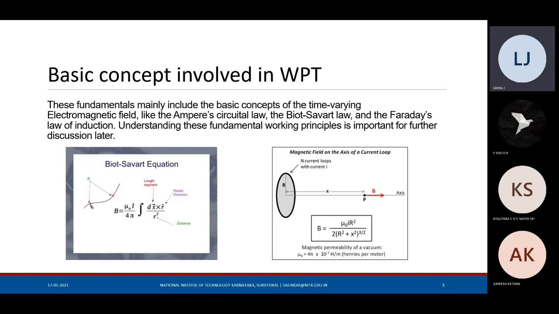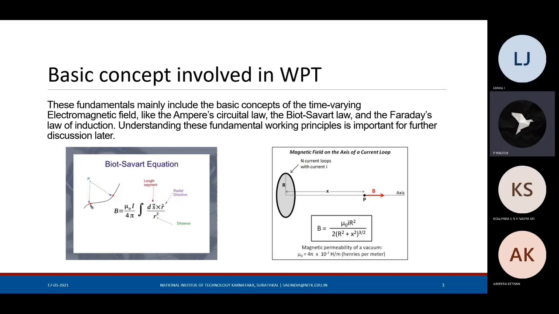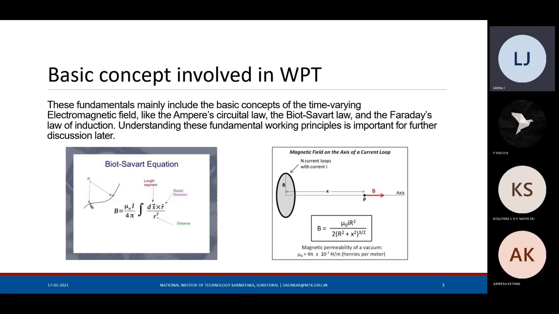As you can see, in the Biot-Savart's law equation, B is equal to mu naught I by 4 pi integral ds cross r cap by r square, where r is the full displacement vector from the wire element to the point at which the field is being computed. R cap is the unit vector of r, ds is the linear current element in the wire, and mu naught is permeability.